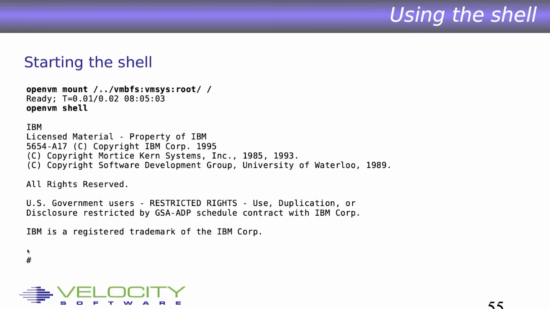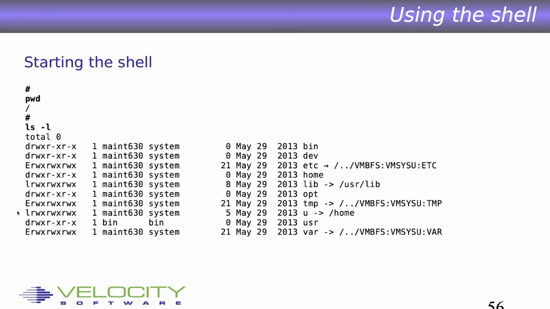So if you're familiar with Unix or Linux, you'll recognize the prompt down here, the # prompt. You are literally now in a Unix environment. The pwd command, print working directory, shows you that you're at the root. And here's ls -l output, which shows you the listing of the root file system.